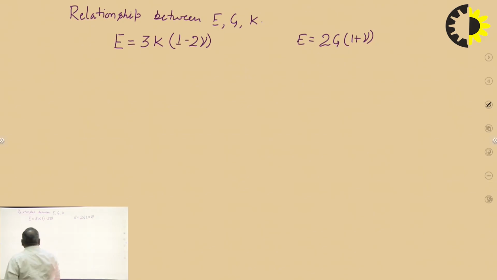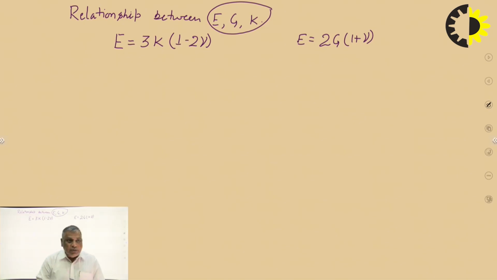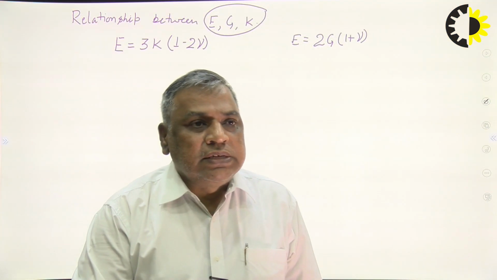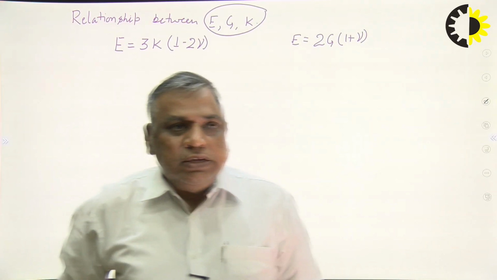From these two equations, we need to find the relationship between E, G and K. So what is our basic requirement? We should try to eliminate this nu from these two equations. Nu is a property of the material. The value for a particular material is a fixed value, so from both equations we will have the same value. So in the next lecture, we will establish the relationship between E, G and K.